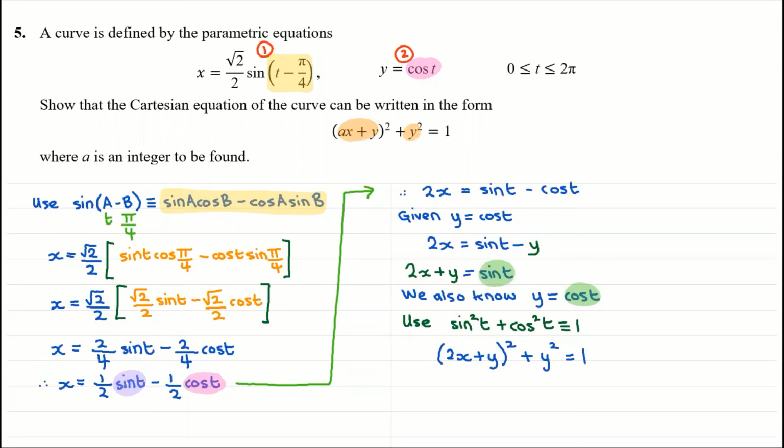And furthermore, we've got the a coefficient here corresponding to 2. So we can just write that down. So a is equal to 2. So that's our Cartesian form. Again, no domain or range to worry about here, but we've done quite a bit of manipulation, used some identities, and we've now got an equation purely in terms of x and y as required.